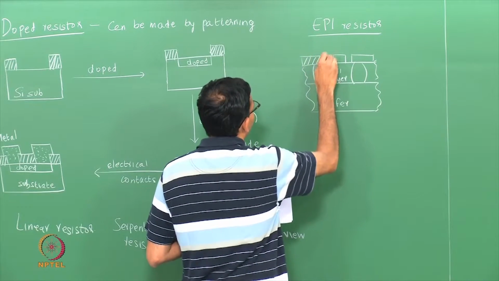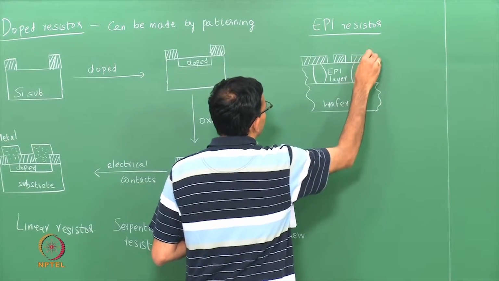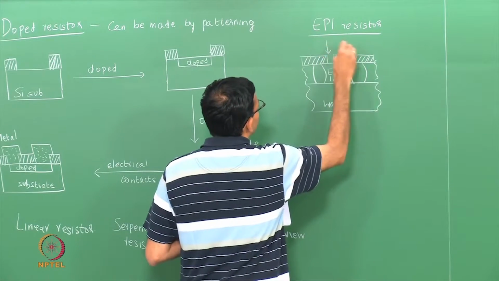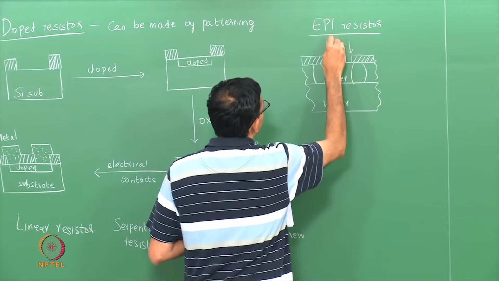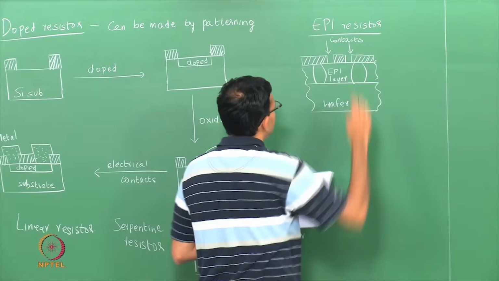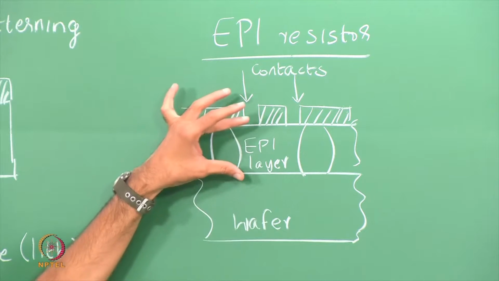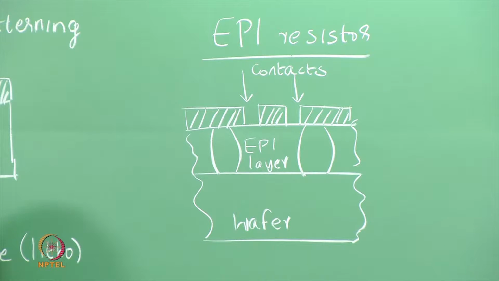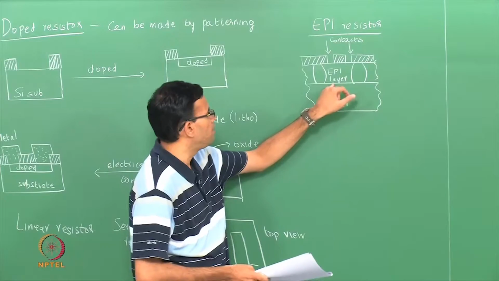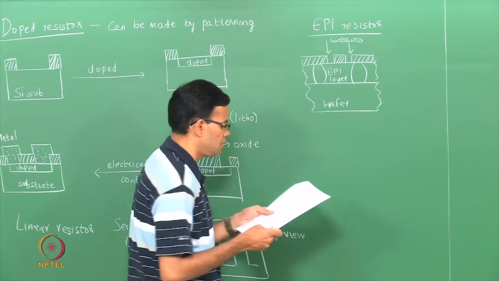So, again you have the oxide, and these are the contacts. So, this is again a case of a resistor where a certain portion of the epi layer is isolated, and again depending upon the length it will change the value of the resistance.